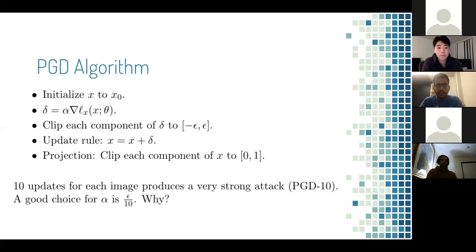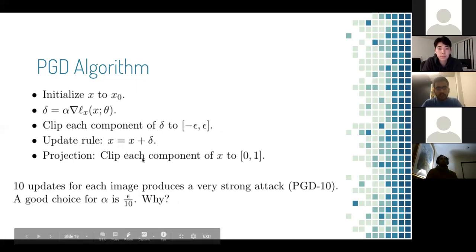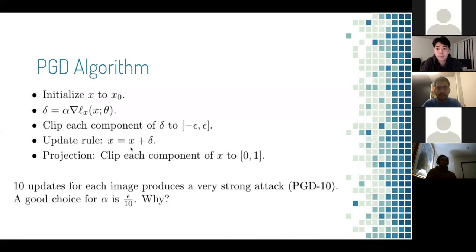And then you compute the loss with respect to the input, so with respect to X. And then in your update rule, you update your corrupted image X by this term alpha into the gradient, where alpha is just some sort of learning rate. And you move delta away from the original image.